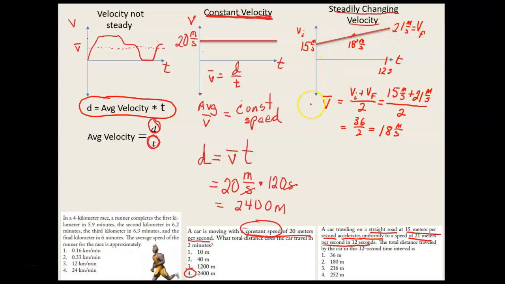All right, but we have average velocity now, and then we know distance equals average velocity times time. So it's 18 meters per second times 12 seconds, and that is going to equal 216 meters, and we have our answer.